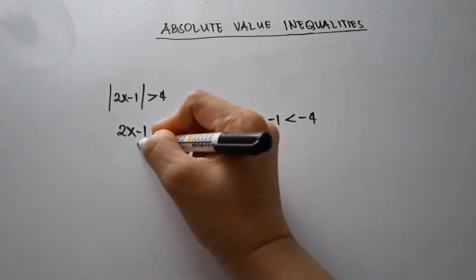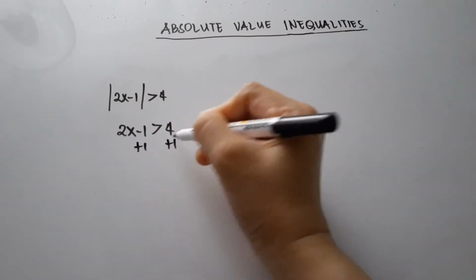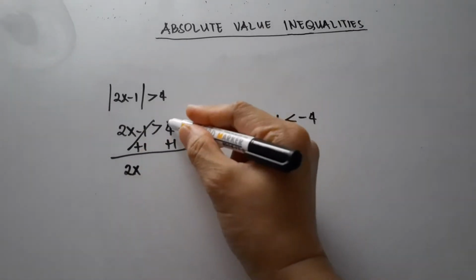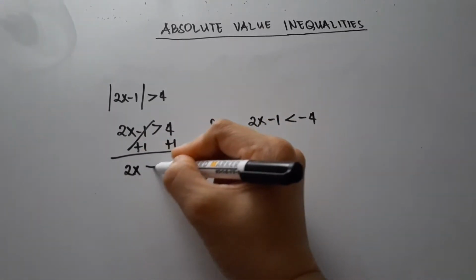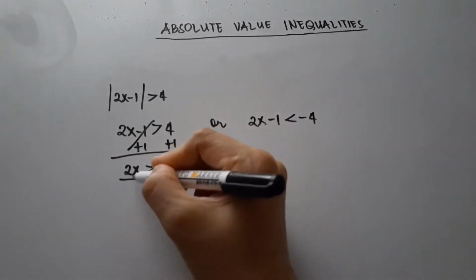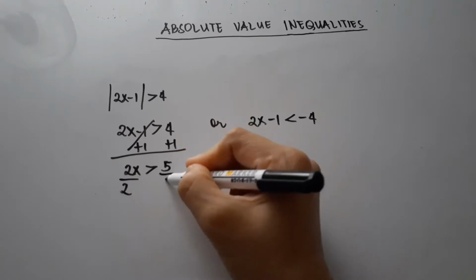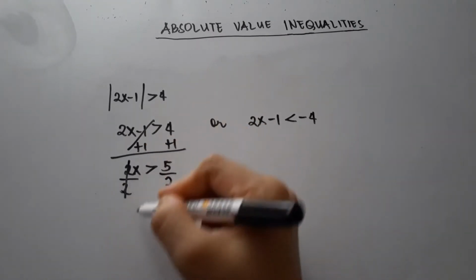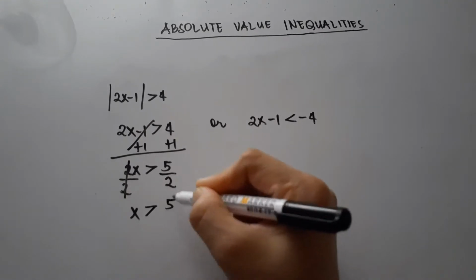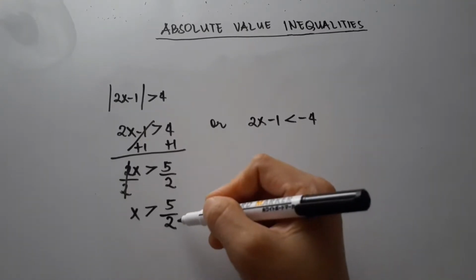So we have to solve each one. We cancel out, then 4 plus 1 is equal to 5. So 2x is greater than 5. Then we divide each side by 2, cancel out, and x is greater than 5 over 2.